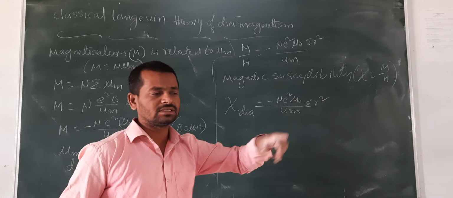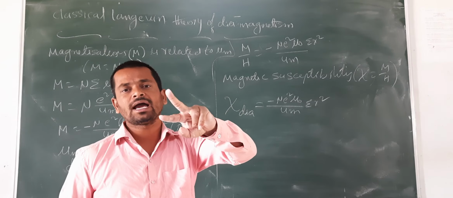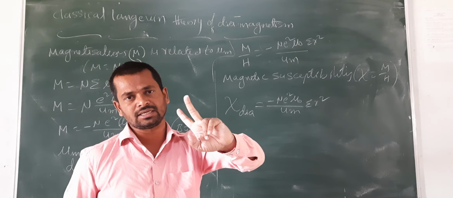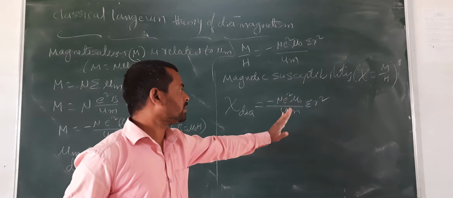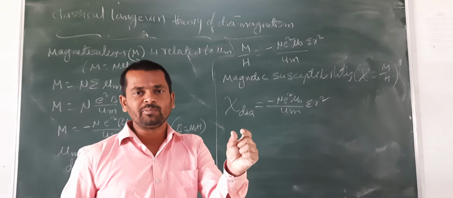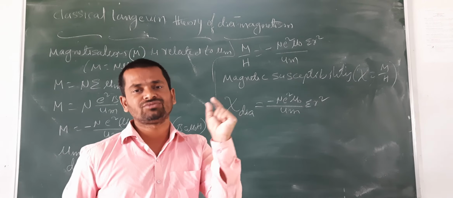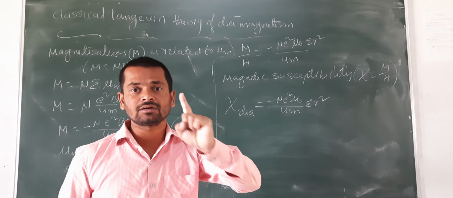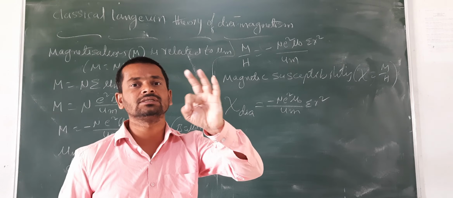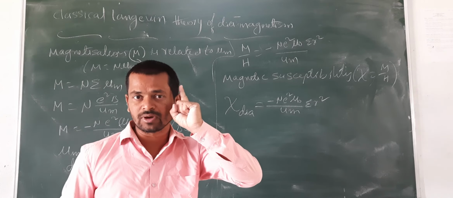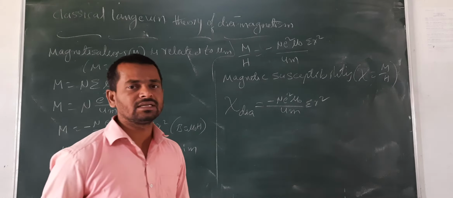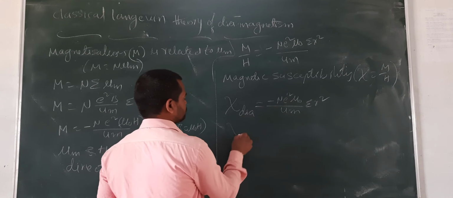Suppose the electron is revolving in x, then the remaining two axes, two directions, are there. So for this, what we have to do to this equation is simply multiply with 2 by 3. Why? It indicates the electron revolves in one direction only instead of three. So multiply it with 2 by 3.